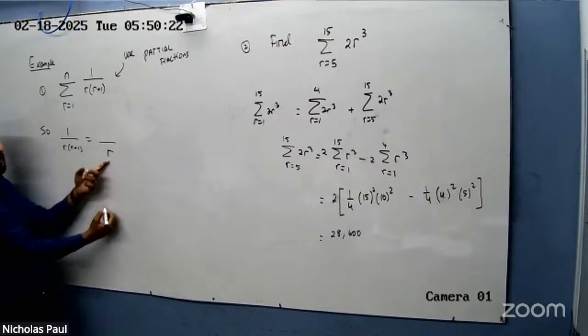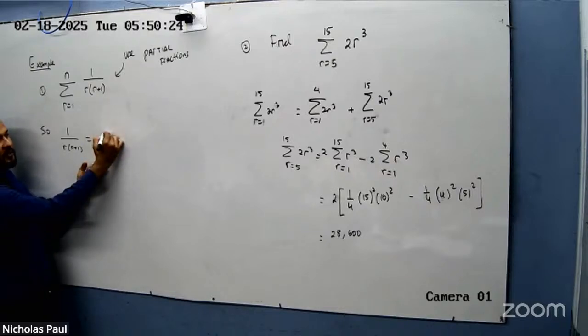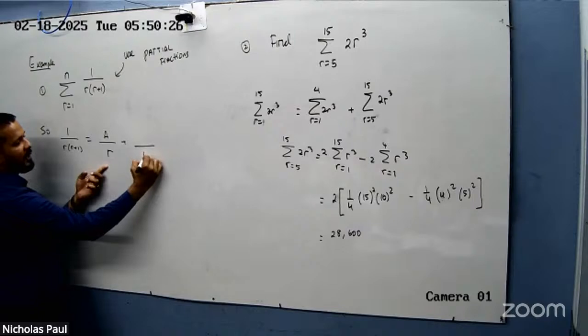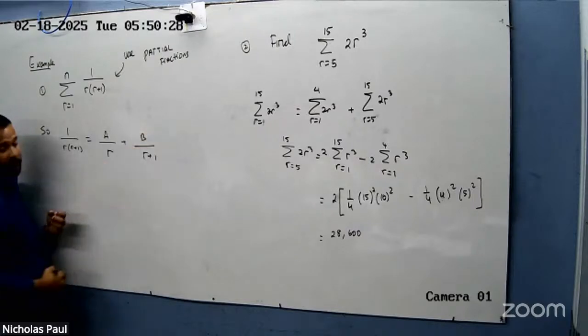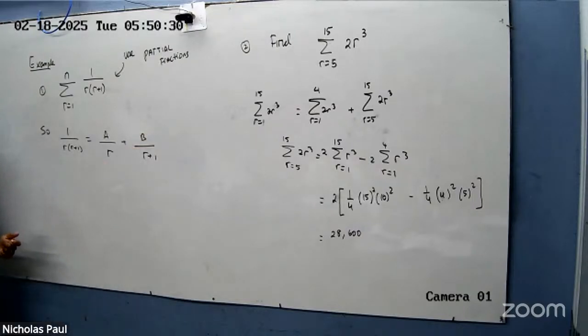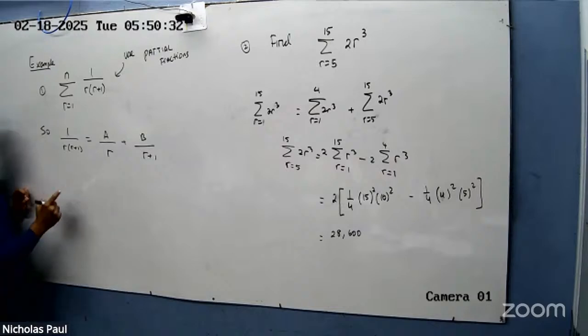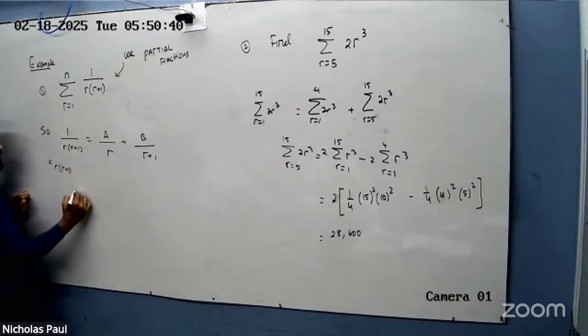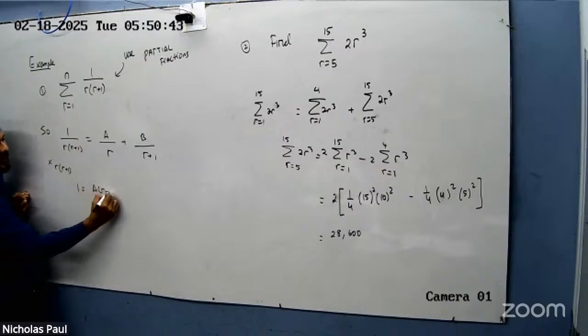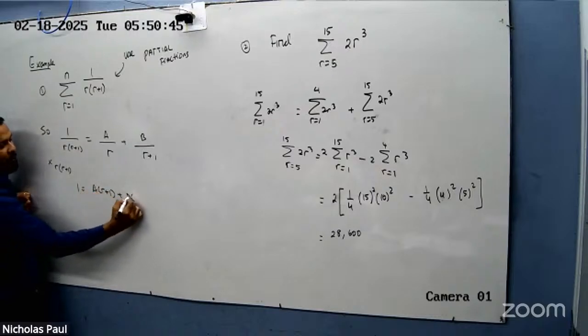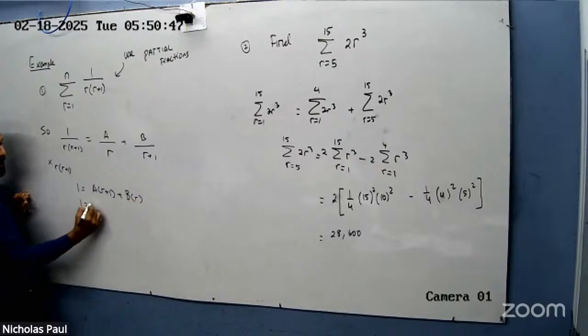And if it's a linear denominator and numerator, this is linear, so is that. What is it now? Multiply by what? r times r plus 1, right? So you multiply by that, and that'll cancel. So you'll get 1 is equal to A times r plus 1 plus B times r. Expand and compare the coefficients.